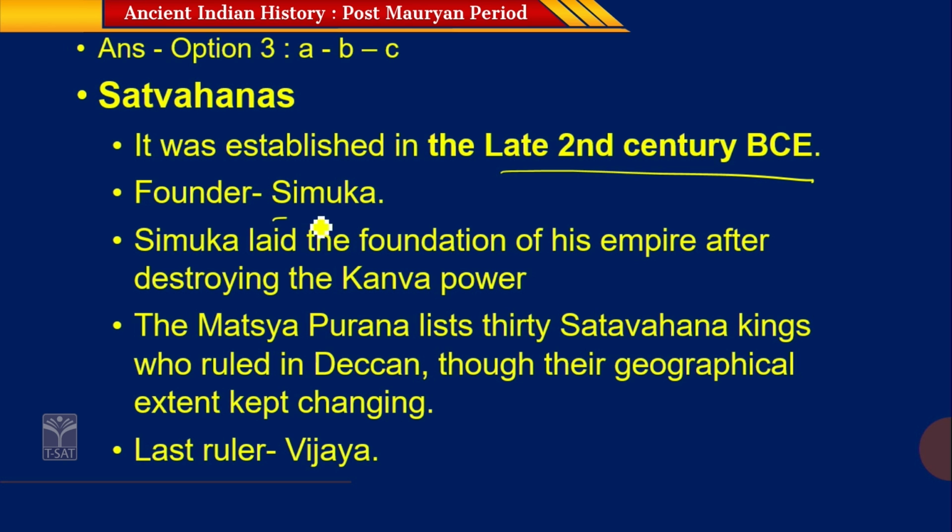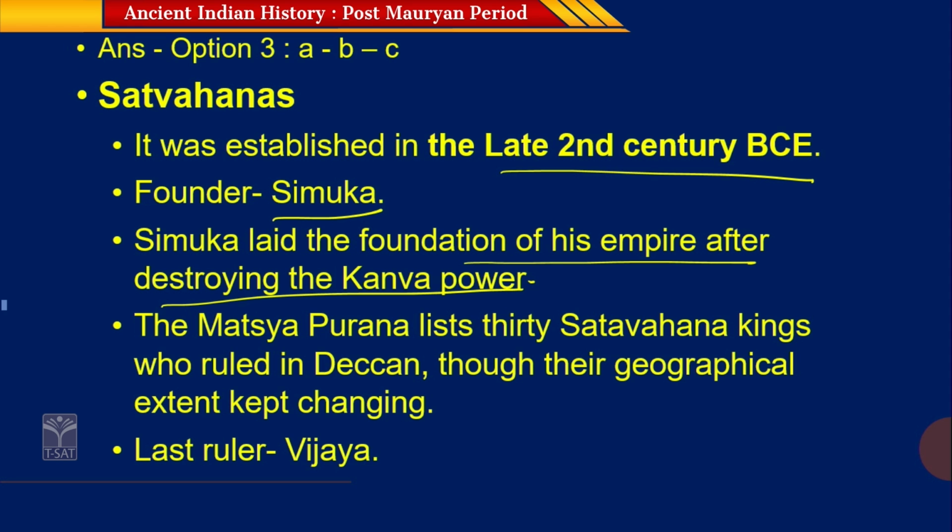The founder was Simuka. One of the stories about the origins of Shatavahanas is that Simuka probably was a feudatory under Ashoka, and once Ashoka died, with the help of Ratikas and Bhojakas, he tried to become independent. He laid the foundation of his empire by destroying the Kanvas completely.